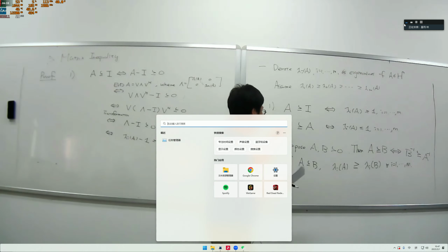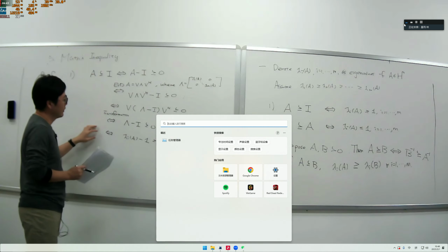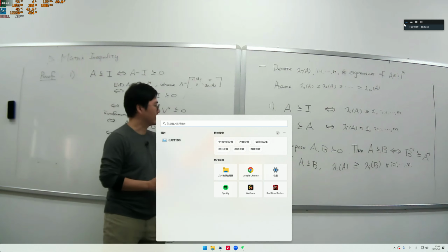Okay, so then let's see how to prove the third one. Actually, proving the third one is similar to the first one.